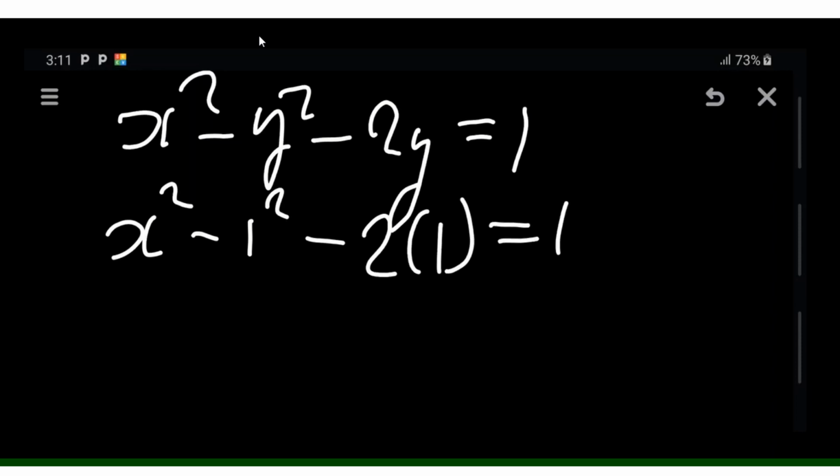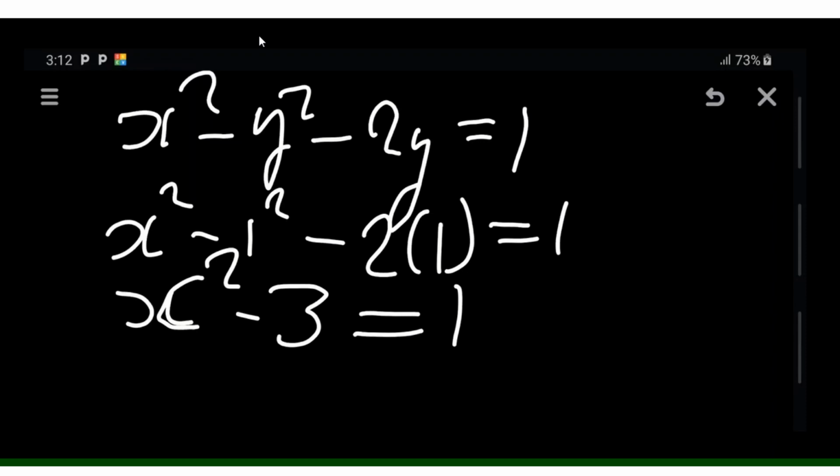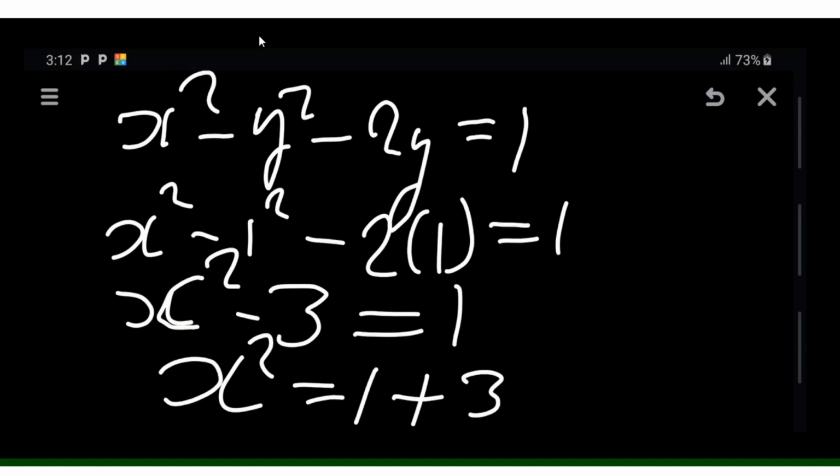So this times this, we have 1 minus 1 minus 2, which is minus 3, is equal to 1. Like terms, I have x squared is equal to 1 plus 3, so I'm having x squared equal to 4.